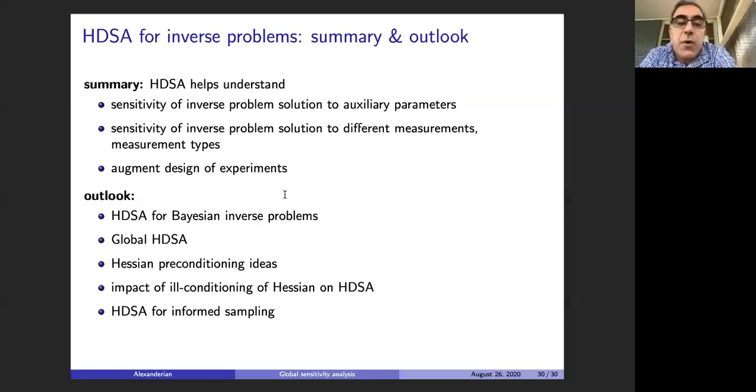And if you want to do sampling in the joint space of the parameters and the inversion parameters and also some of the auxiliary parameters, then HDSA could be helpful for that as well. You can talk to Joey, because that's the type of thing he does these days. But I'm going to stop there.